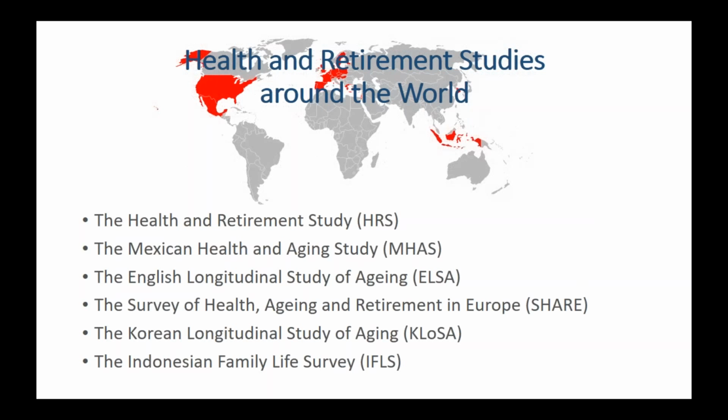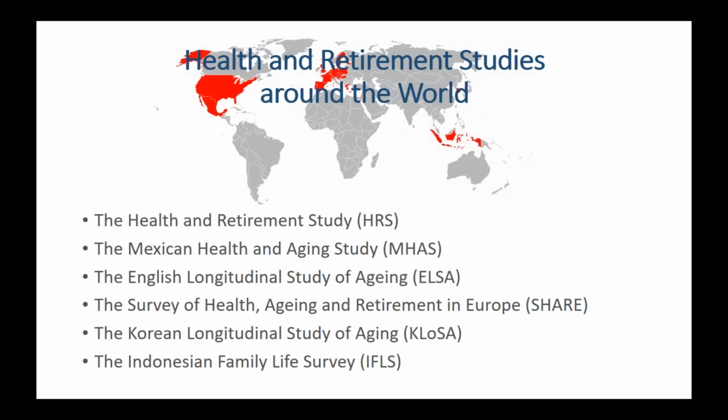All of these studies are partly funded by the National Institute on Aging, one of the National Institutes of Health here in the United States, even though they're conducted around the world, for the purpose of being able to see how different policies affect aging. Of course there are different policies in different countries, and as we might all know, the global population as a whole is aging. So it's something that many people are studying and concerned about, learning what the best practices are.